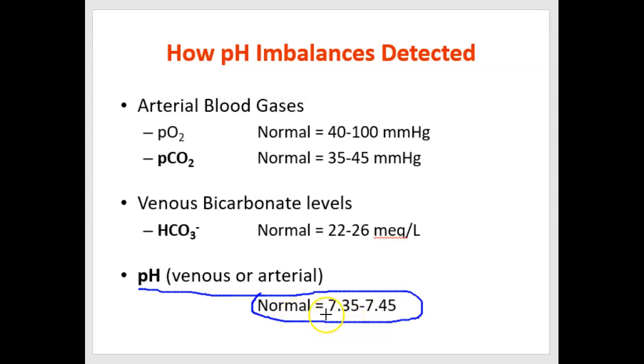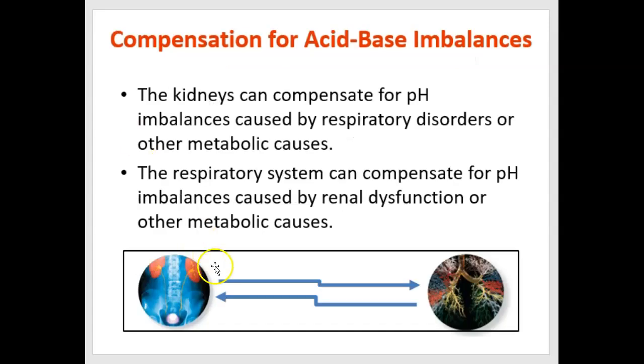And so if there is an imbalance that's being compensated, the pH will hover right at 7.35 or 7.45, but not go to extremes. So in lab, we'll talk about what you see and how you predict when there's uncompensated pH imbalance versus compensated and what the cause might be.